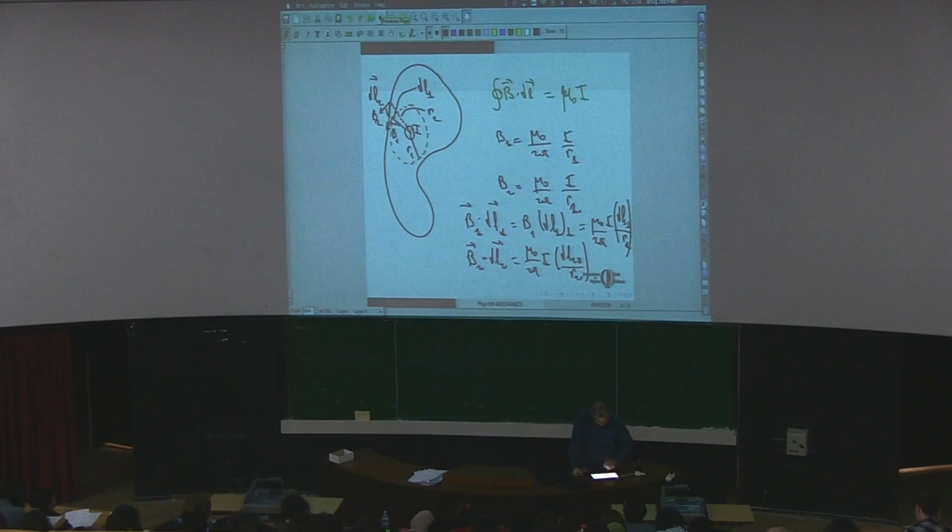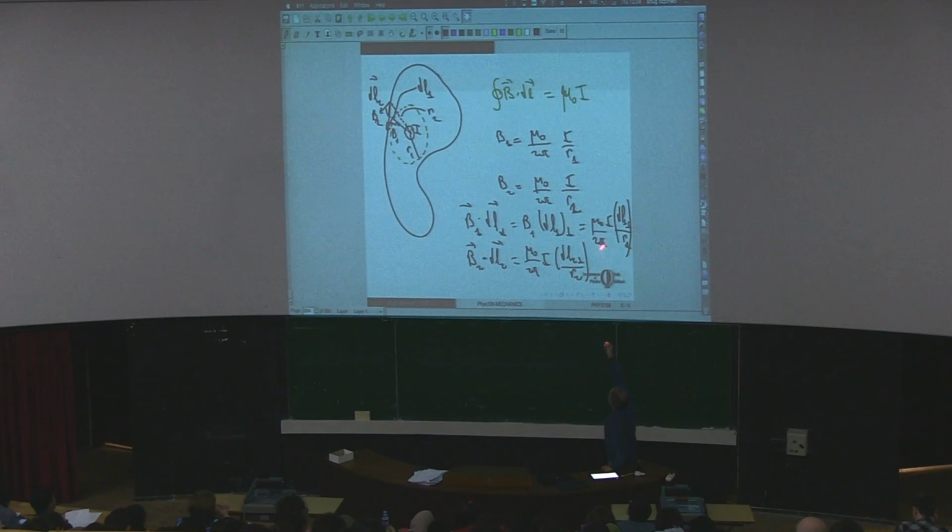So if you come back here, B1 dot dl1 is equal to some constant times dl1 perpendicular over R1, and B2 dot dl2 is nothing but the same constant times dl2 perpendicular over R2.